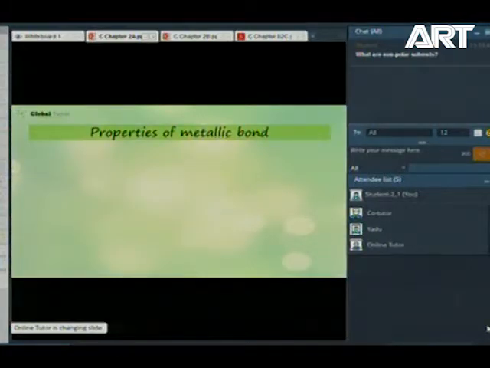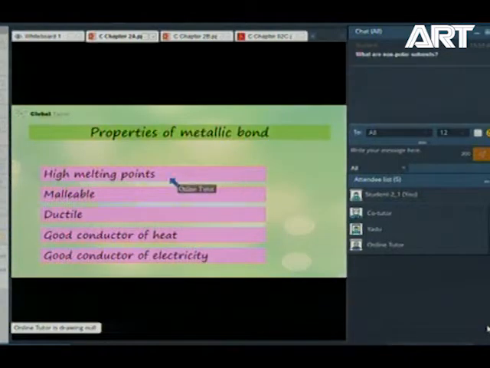And some properties of metallic bonds are they have a high melting point, and they are also malleable, meaning you can make them into any shape without breaking them, and also they are ductile, you can make them into wires. And you should know that metals are normally good conductors of heat and electricity. They conduct both heat and electricity really well.